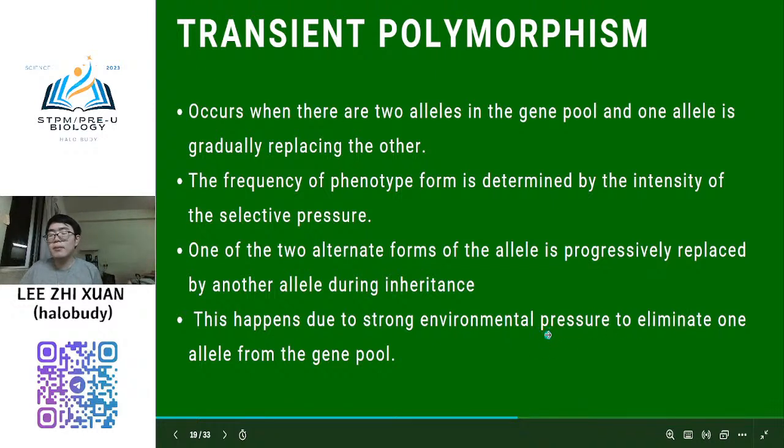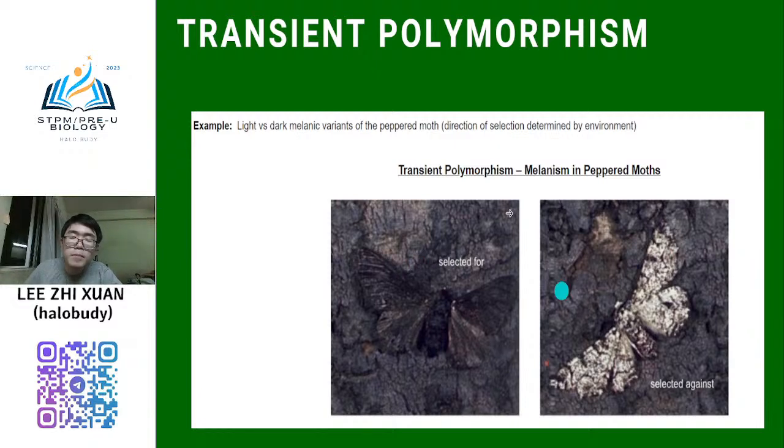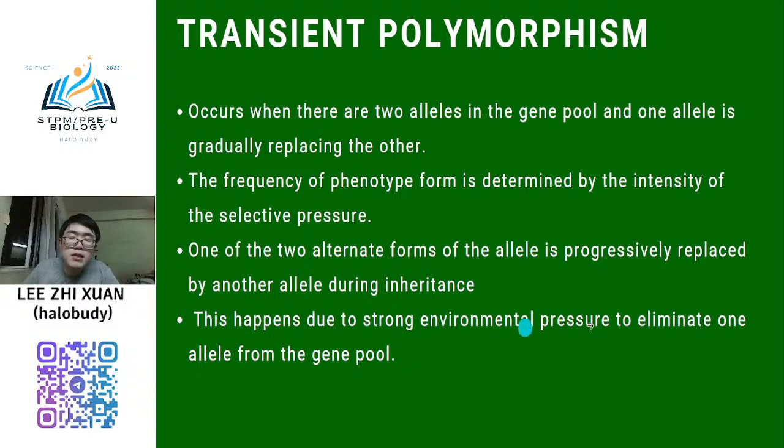Kalau nak ada environment pressure to got one sudden environment change, meaning that got one allele, dia akan, tak kisahlah dia dominant or recessive. But you will see in this example, there is no such thing as saying it is dominant or recessive. No, the characteristic of the skin color of the mole, tak ada cakap is dominant or recessive because it is based on the environment.